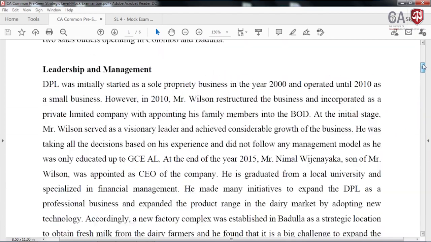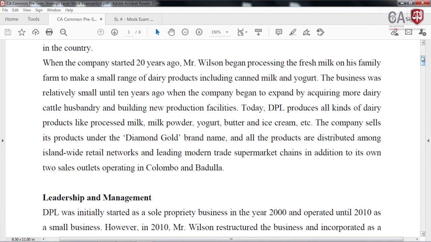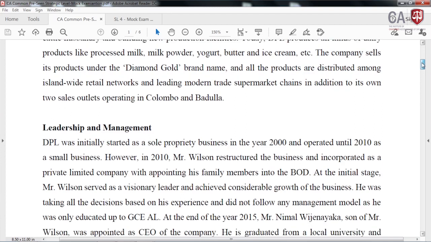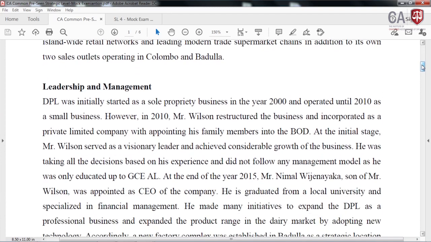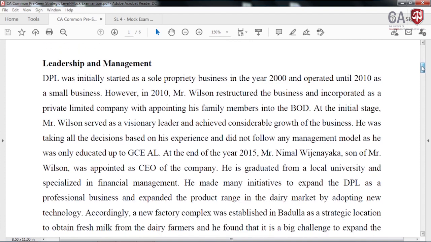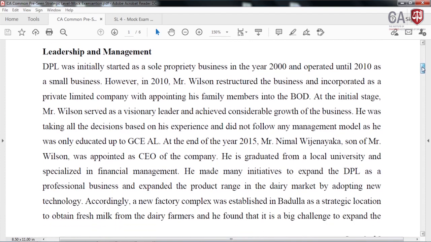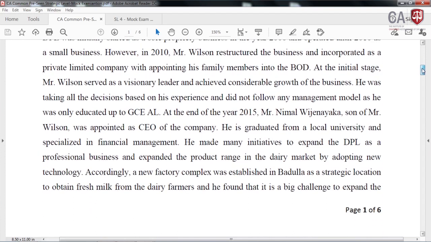From the strategic management point of view, there was some information relevant to leadership. This guy is a visionary leader. Then later what happened, initially this was a sole trader business and was converted into a company in 2010. Then family members entered the board. Then in 2015 his son joined the company as CEO.